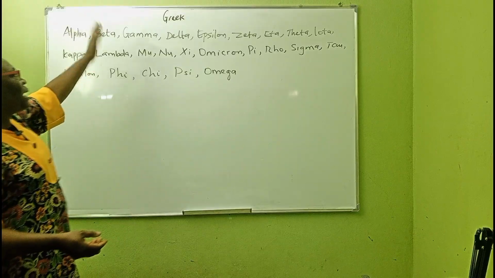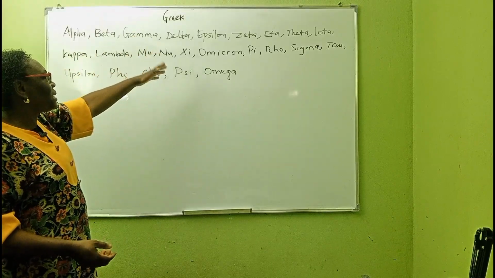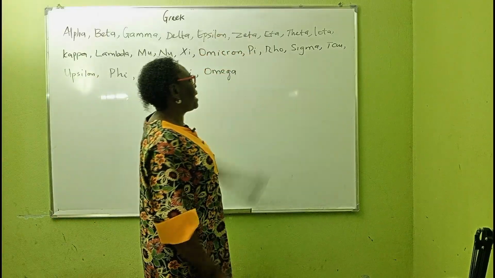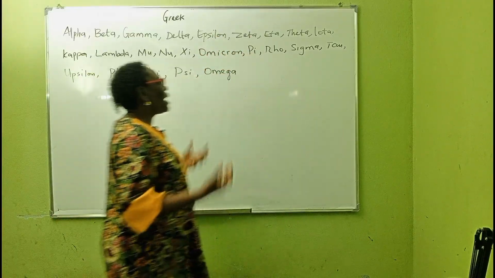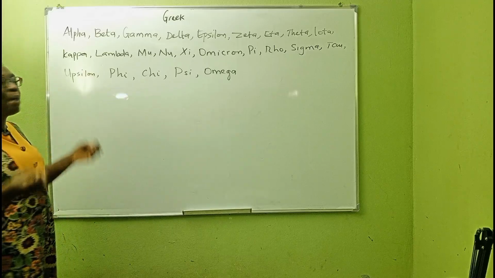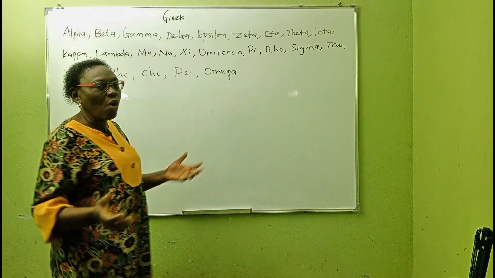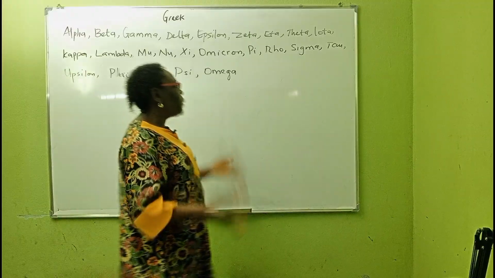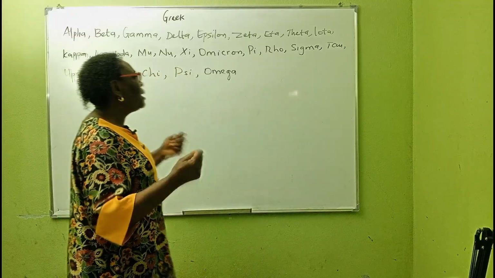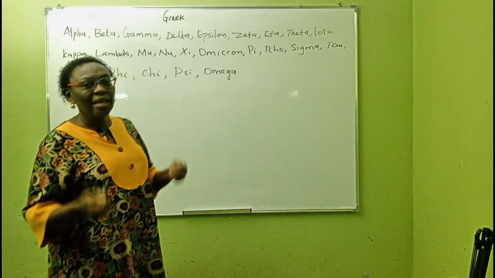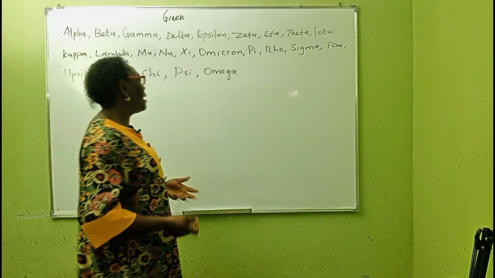Alpha, beta, gamma, delta, epsilon, zeta, eta, theta, iota, kappa, lambda, mu, nu, xi, omicron, pi, rho, sigma, tau, upsilon, phi, chi, psi, omega. One more time.